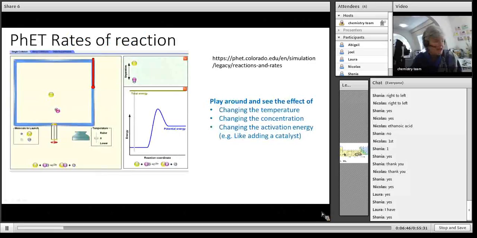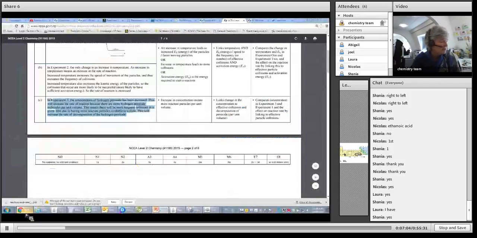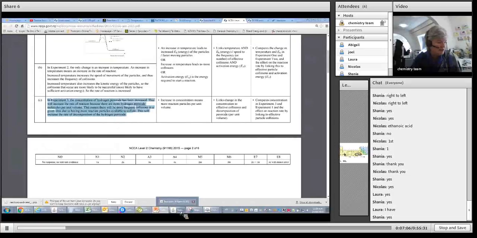What I'm going to do now is go through 3 or 4 simulations, because I think this is a good way to see on the particle level what is happening for a rate of reaction. So I'm just going to escape out of there and go to here.